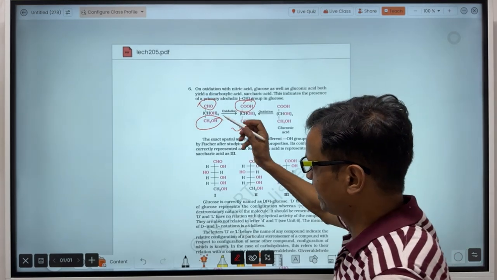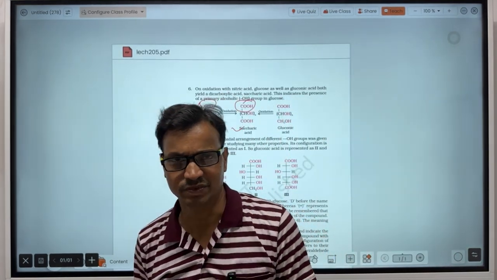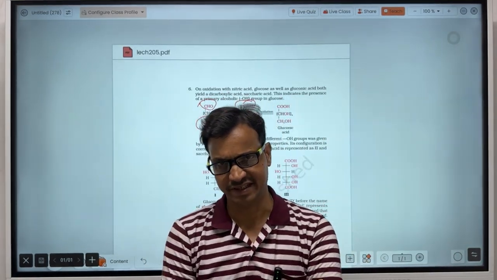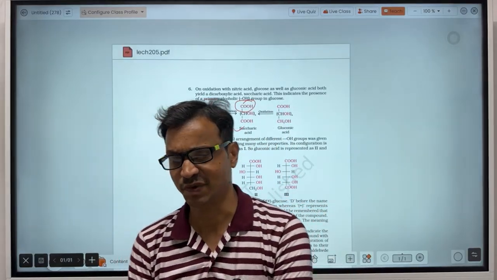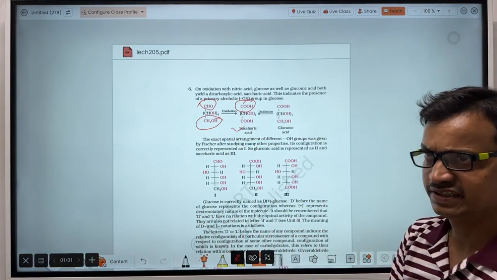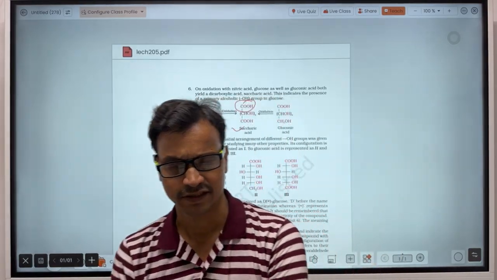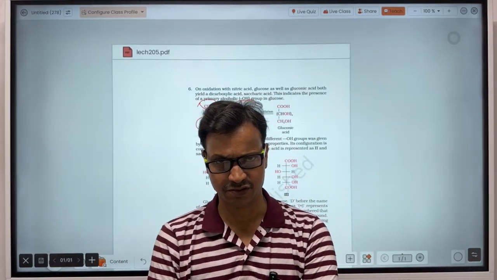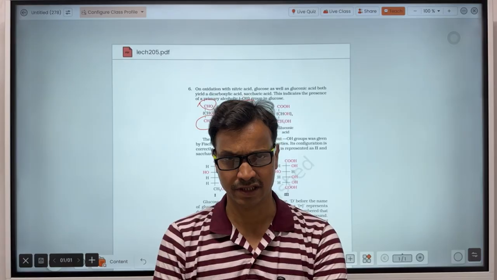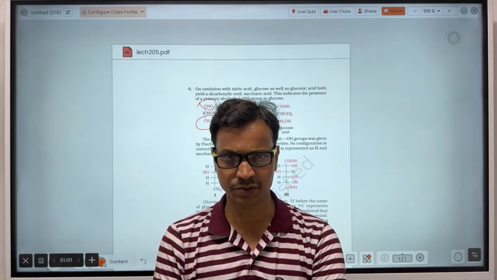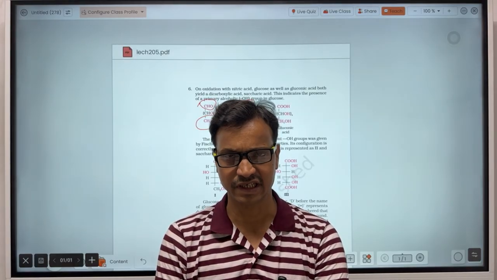So that indicates that there will be an OH group at the primary carbon atom. As glucose was oxidized to form saccharic acid, that indicates that in glucose there is an OH bonded to the primary carbon atom.